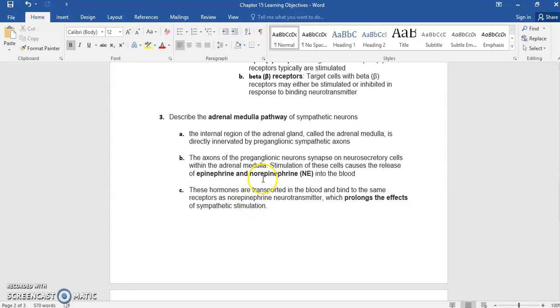Instead of just a couple of minutes of stimulation of effector organs via the postganglionic sympathetic motor neurons, you'll get hours of effects. So it prolongs the effects. An example, which most people have experienced: you have a scary situation happen.